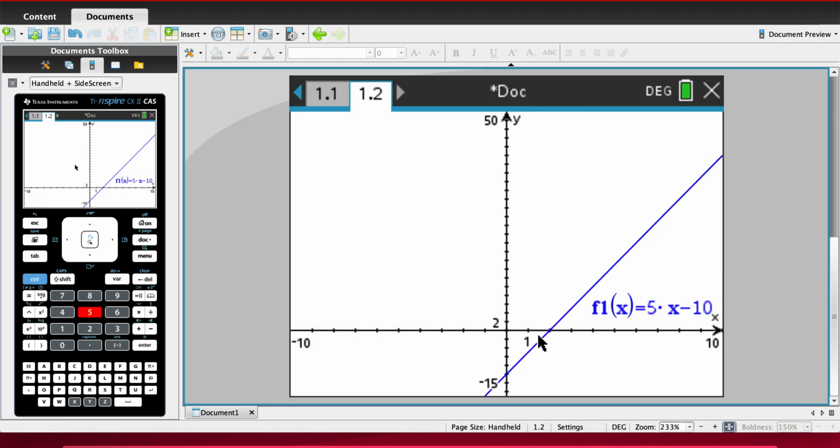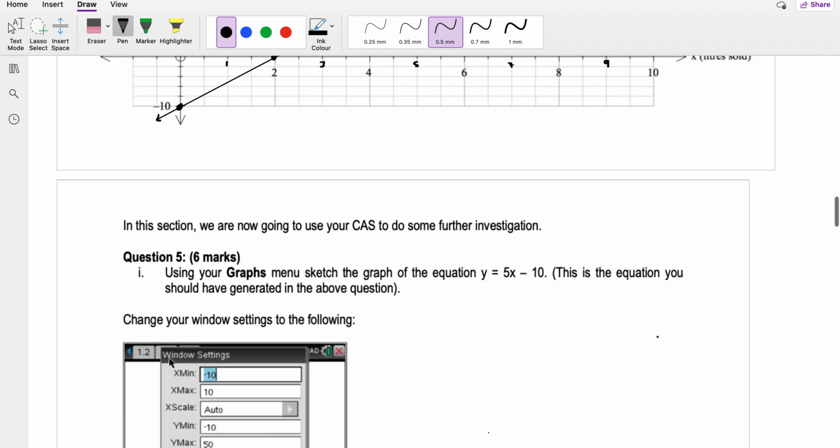Sorry, not to follow instructions. There you go. So now we can see 2, 4, 6, 8, 10, and I can see that it's going exactly through negative 10 as I expect, because I can see in my graph that my y-intercept is negative 10. Beautiful.